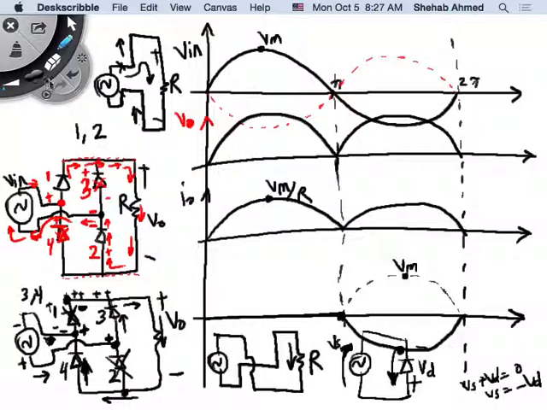So that's the full wave rectifier with a resistive load. So what do you think is next? We did the output voltage, output current, and diode voltage, and of course for diodes 3 and 4, it's the opposite, right? Initially it will have some voltage across it, and then they will be 0. So 3 and 4 will be the opposite of 1 and 2. So everybody's okay with that?